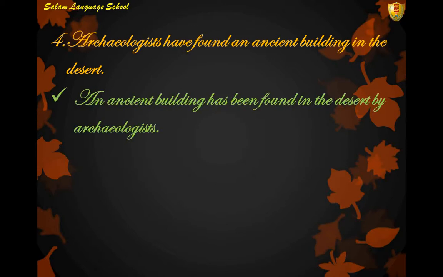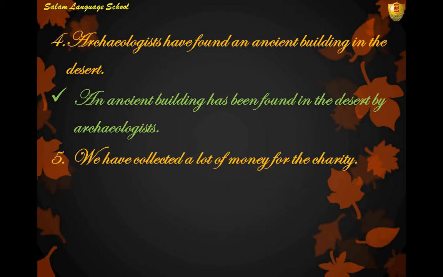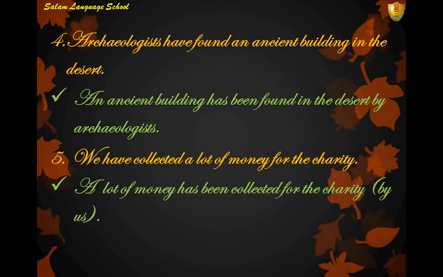The answer, an ancient building has been found in the desert by archaeologists. Number 5, we have collected a lot of money for the charity. So to make this sentence in a passive form, we'll start with a lot of money has been collected for the charity by us.